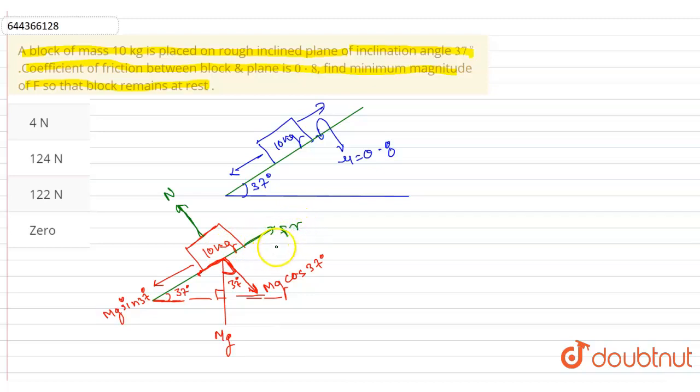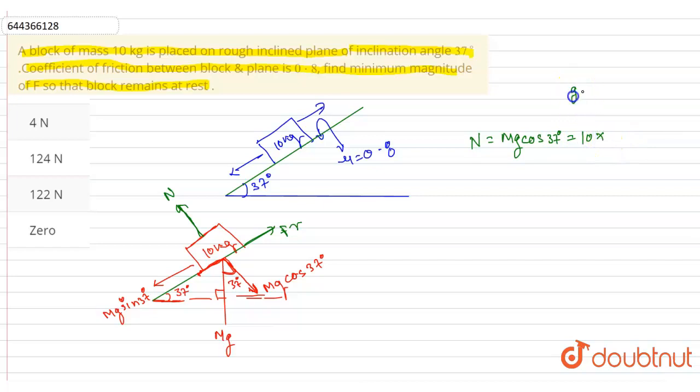Now we have to calculate all force values. So first you can see here, the body is not moving in upward or downward direction, so the normal force is equal to mg cos theta, mg cos 37 degree. So it is equal to, mass is equal to 10 kg.